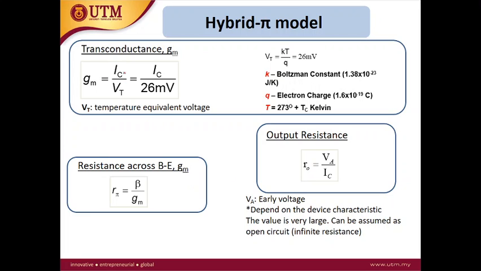Transconductance is given by this equation, gm = IC over VT. VT is the thermal voltage, which is 26 millivolts at room temperature, or 300 Kelvin. In our course, we will consider operation at room temperature, so VT will be fixed at 26 millivolts.